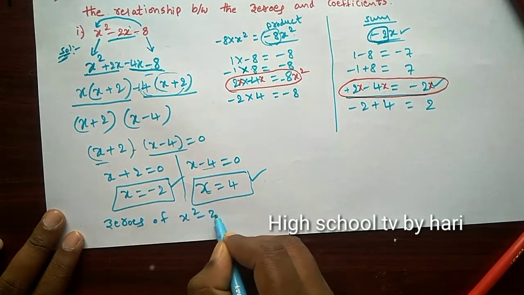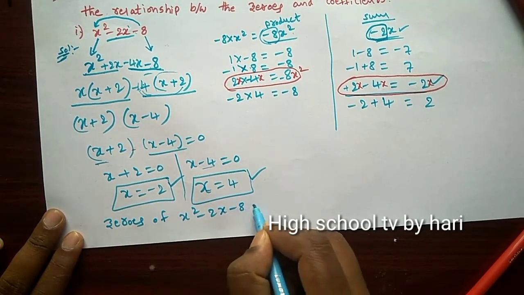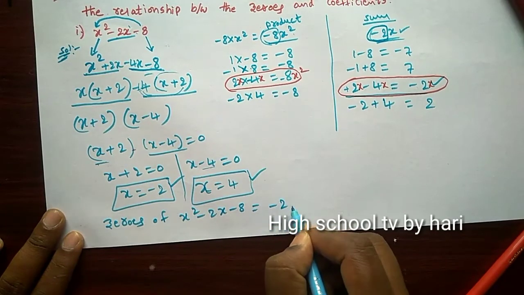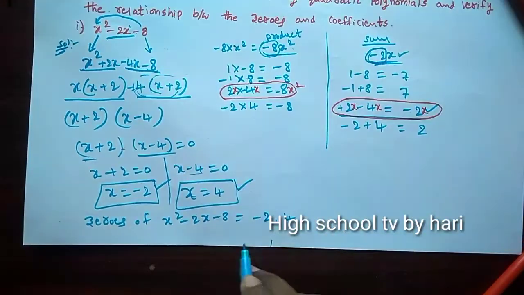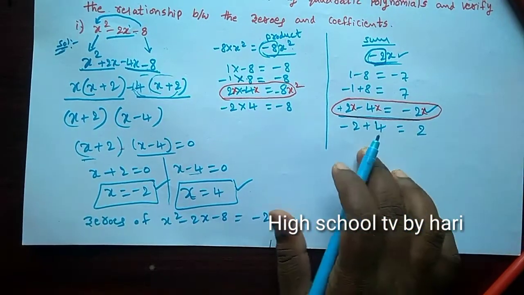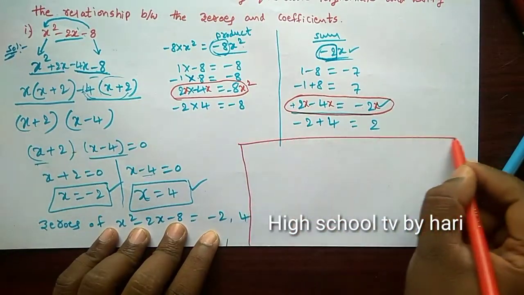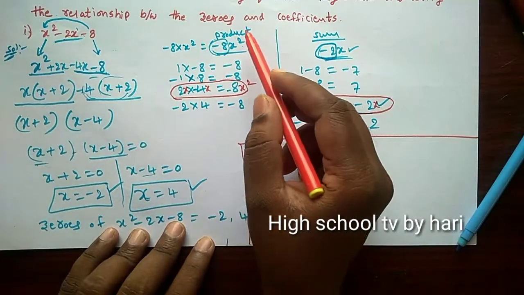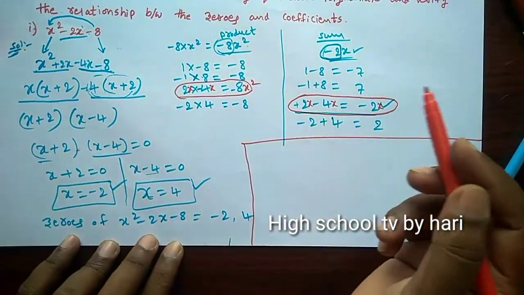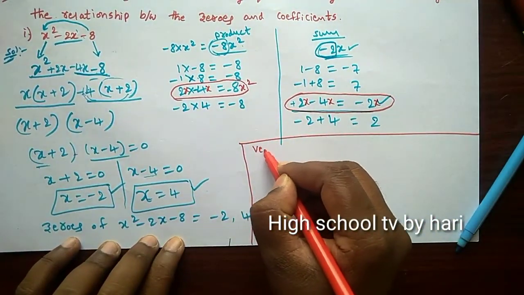Zeros of x square minus 2x minus 8 are minus 2 and 4. These are the two zeros. How can we verify the relationship between zeros and coefficients? It is a verification.